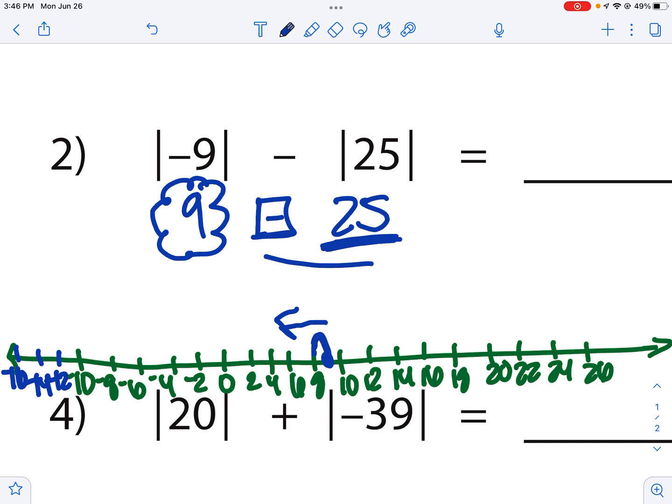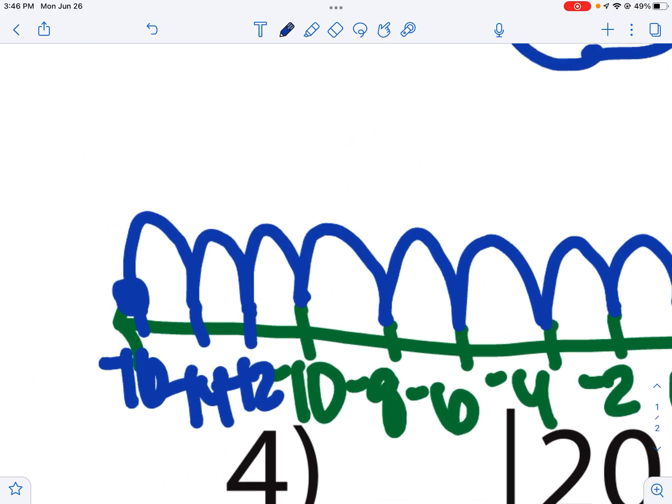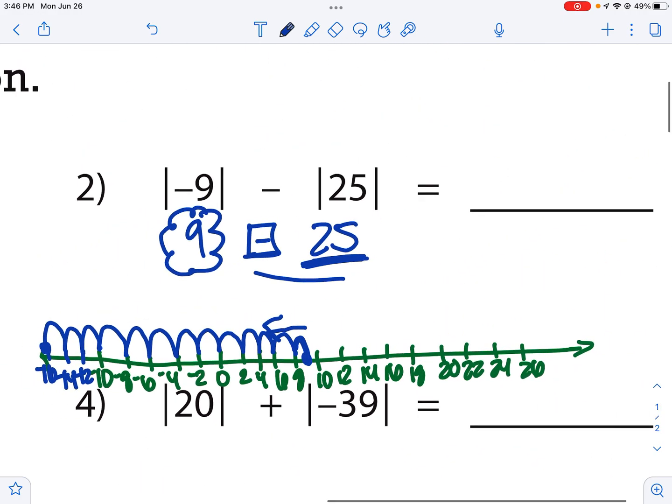Sorry, so 1, 3, 5, 7, 9, 11, 13, 15, 17, 19, 21, 23, 25. So going backwards 25 or minus 25 puts me at minus 16. So the answer to this problem would be minus 16.